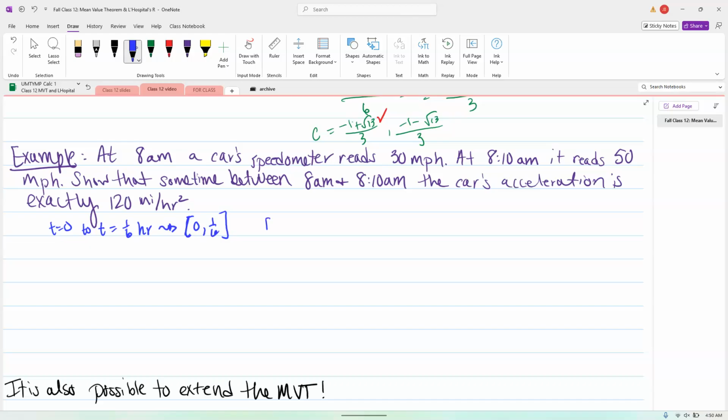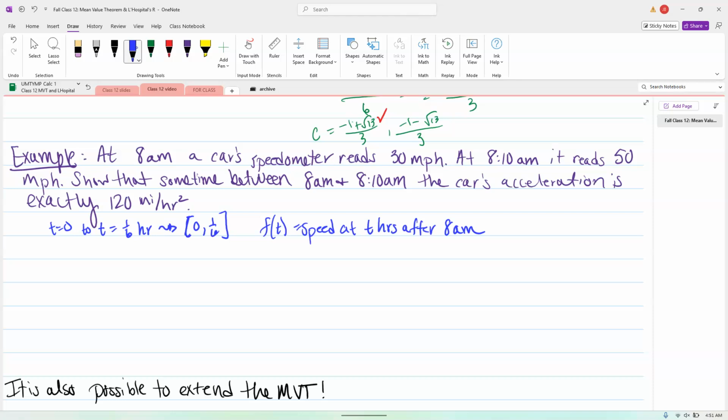And here I'm going to say f of x, f of t rather, I should change this, f of t is the speed at t hours after 8 a.m. Okay, because now we have two different speed measurements, right?